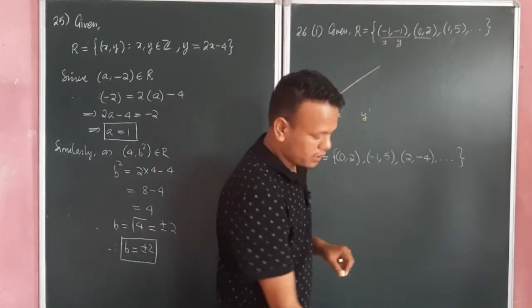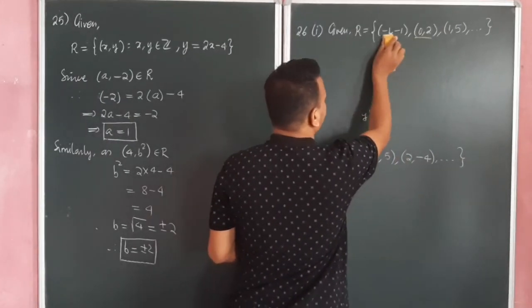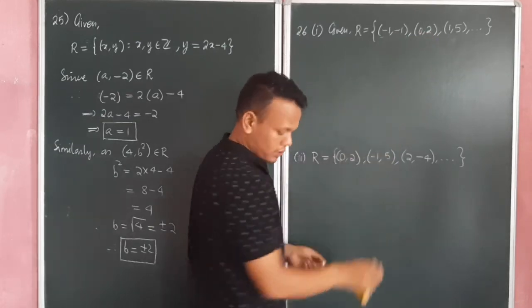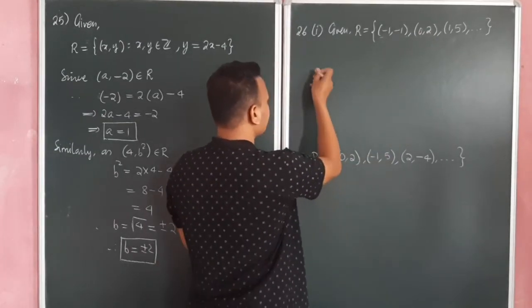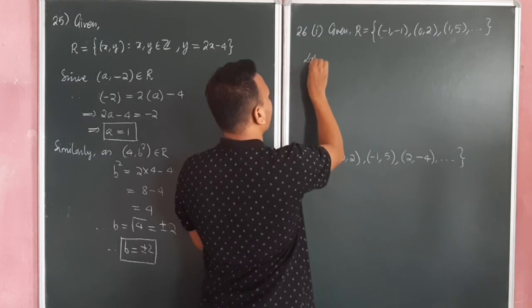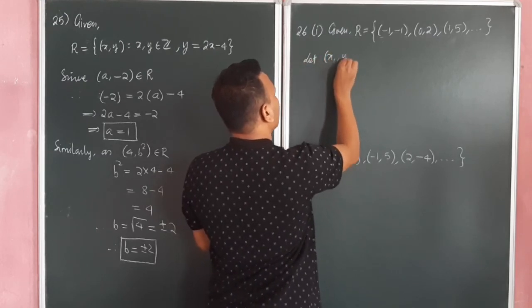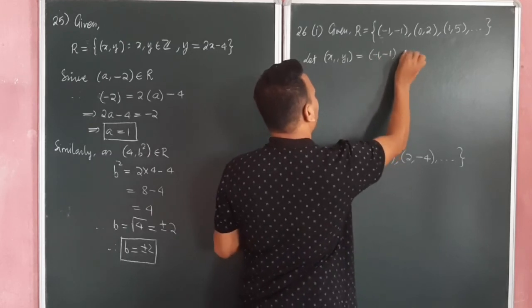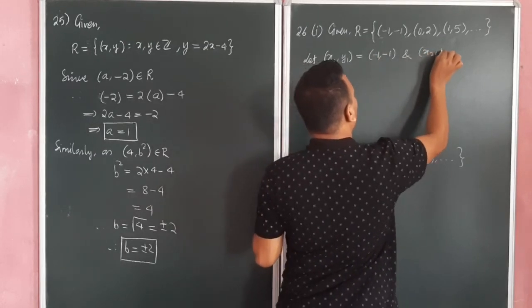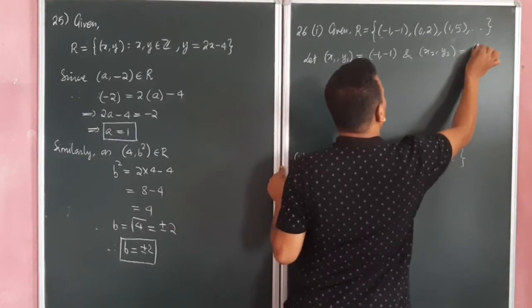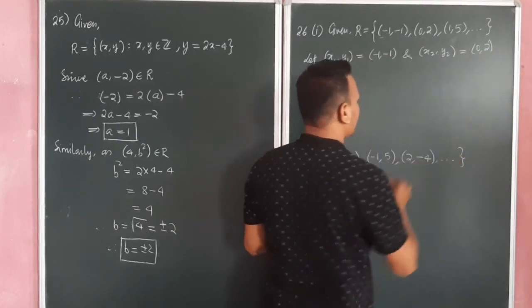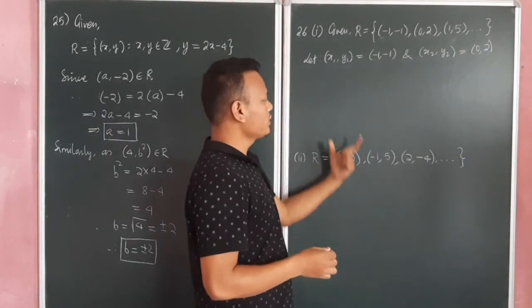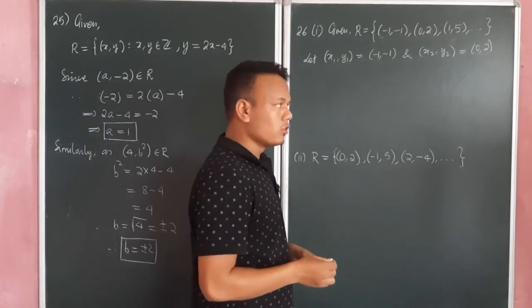How? Let's see. All right, so let x1 y1 be minus 1 and x2 y2 be 0 comma 2. All right, so I'm just going to do only one part, the other one you will try by yourself.